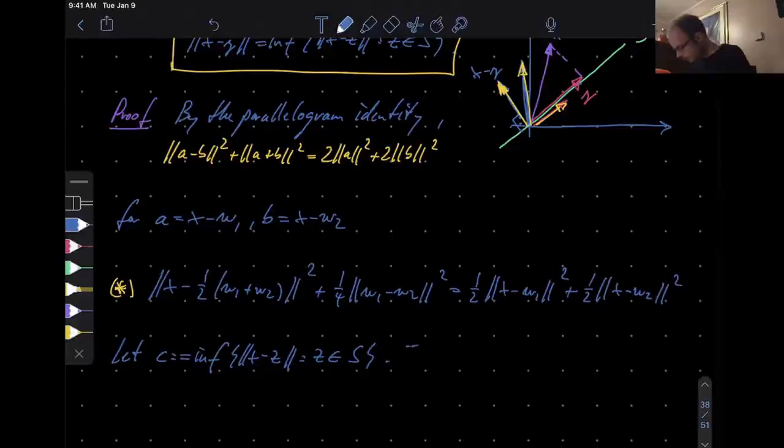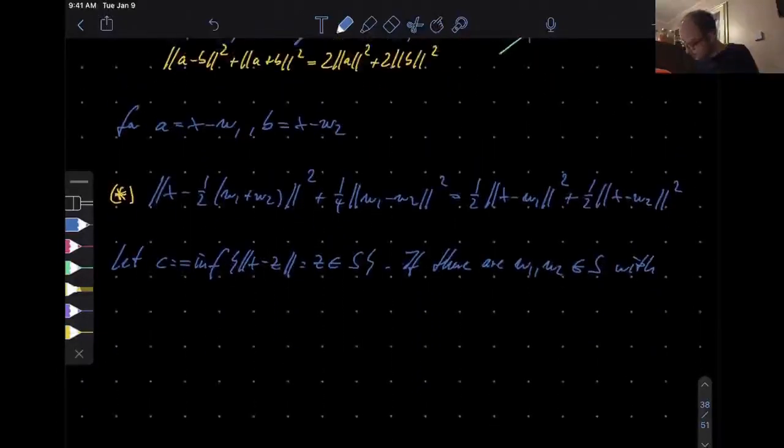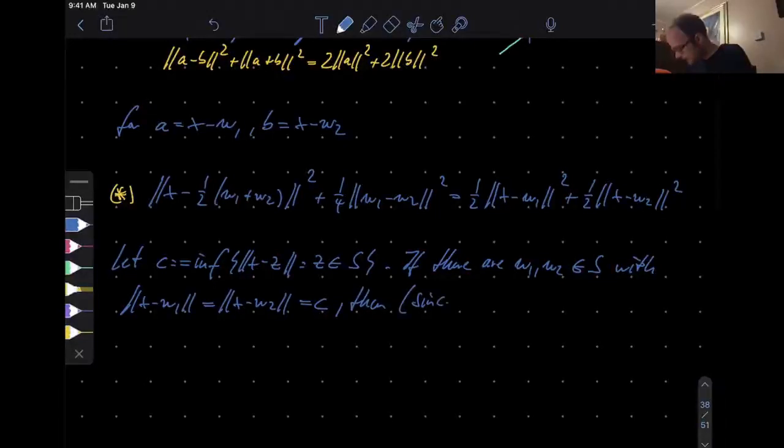If there are W1, W2 in S with norm of X minus W1 equal to norm of X minus W2 equal to C, then, since convexity tells you, remember here in my equality I have this combination, but that's exactly a convex combination of these two vectors for theta equals 1/2.